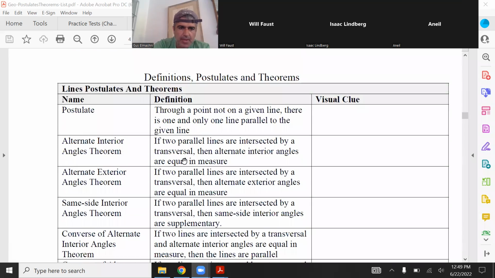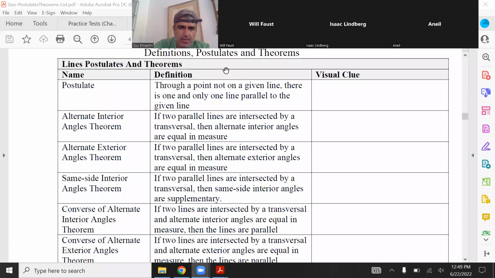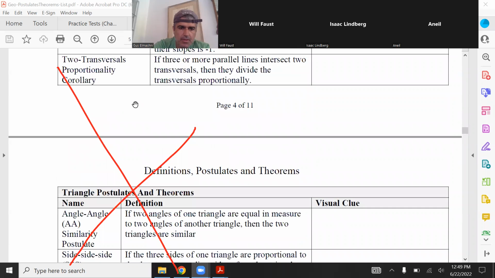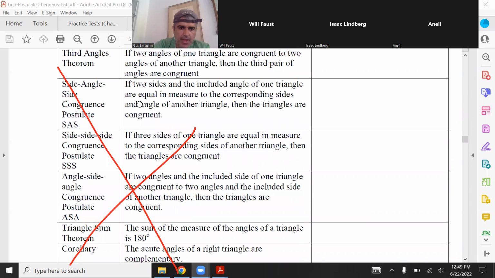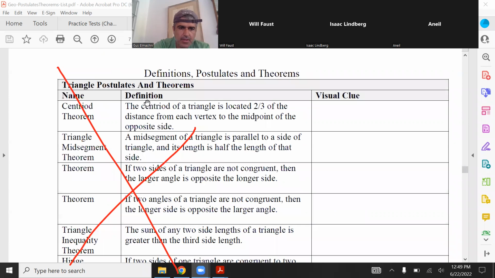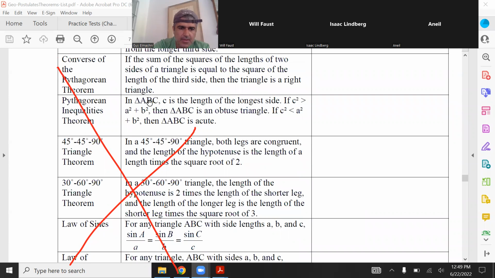Yeah, some of these we have not done yet. So obviously you'll ignore all this, as well as page 5 and 6 and 7 and 8.